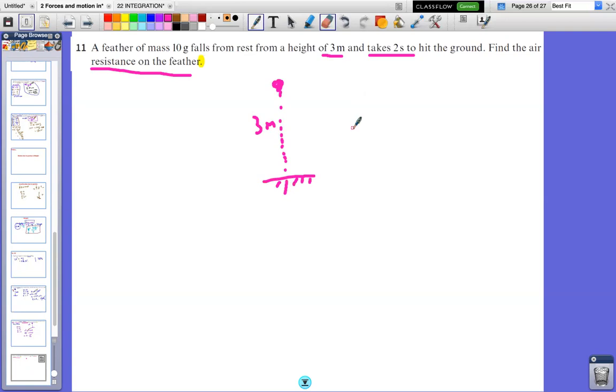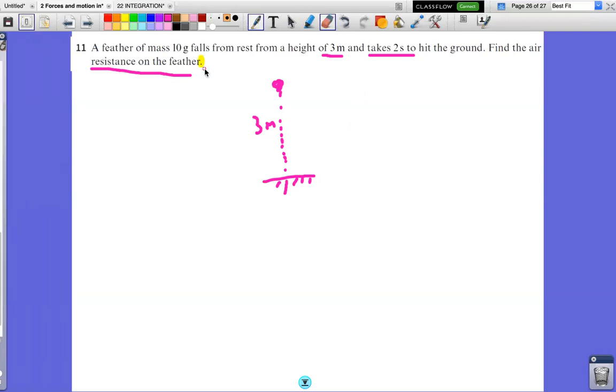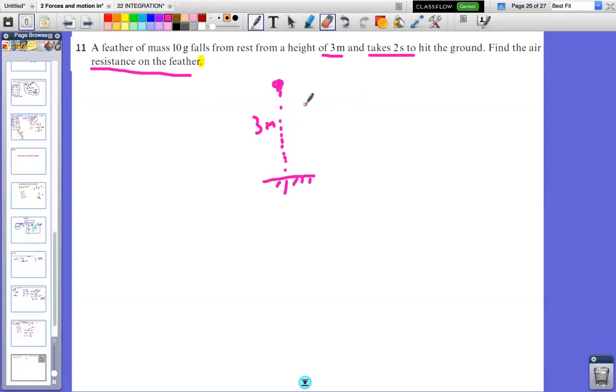We need to look for the acceleration of the feather, and then we will use Newton's second law to find the forces on the feather, or to find the air resistance. So the first part is this: we look for the acceleration.